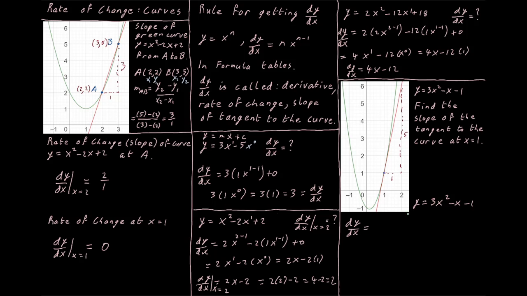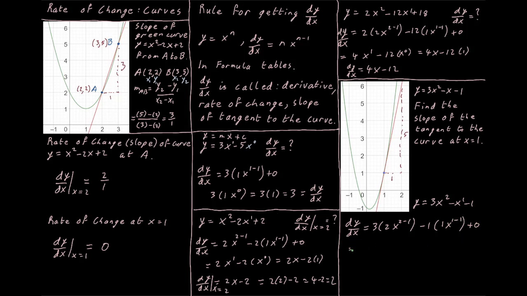So we continue with our 3 on, open up a bracket. We have multiply by the power, so multiply by 2, subtract 1 away from the power. And then we have minus 1 on, so we have minus 1 of x. And we have x to the power of 1, so 1 times x to 1 minus 1. And our constant just goes to 0.